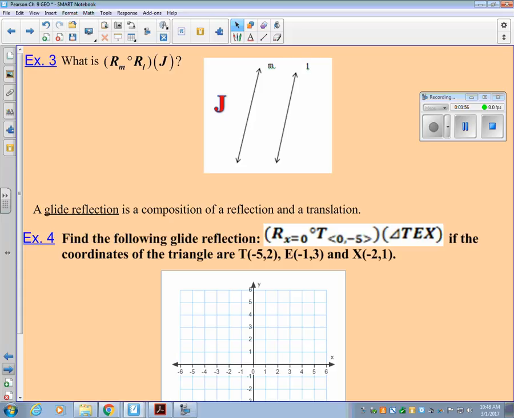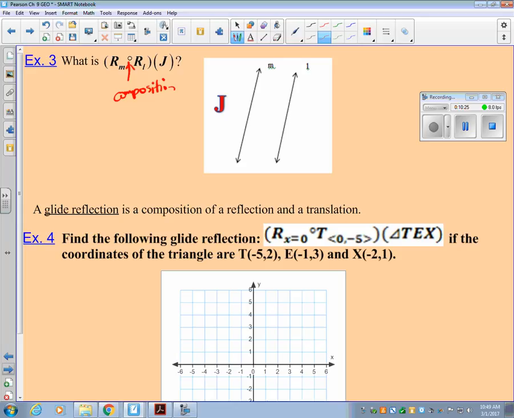When we do a composition of transformations, it is noted the same way we do composition of functions. In function notation, the open circle means composition. It means I'm doing both of those actions to my original figure.